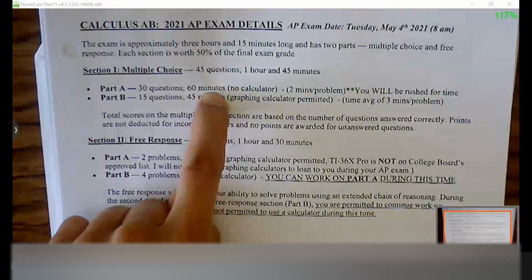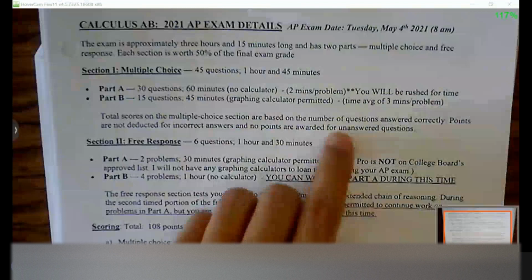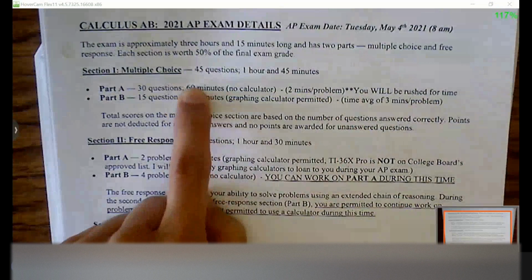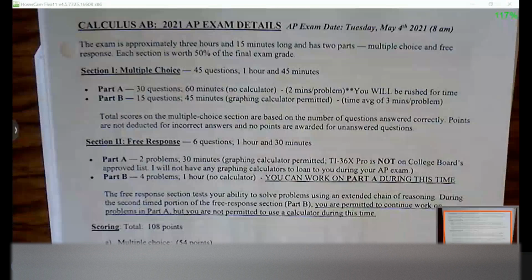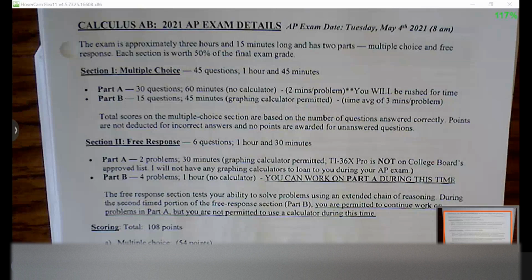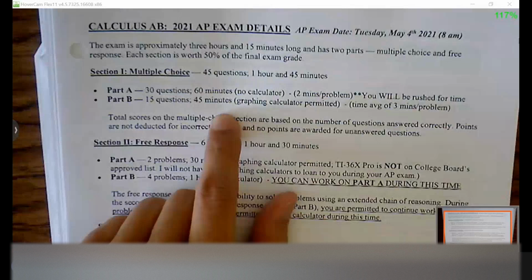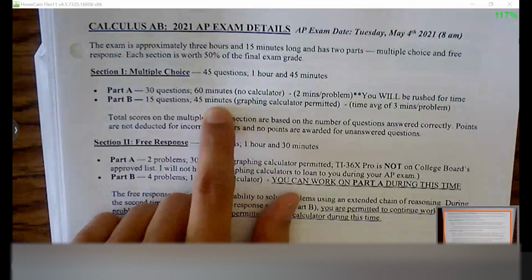Before, you had even less time for part A. At least they've gotten it up to 2 minutes per problem. But it's strange that in part A you're rushed for time, and in part B you have too much time and wish you could work on some of the problems that you didn't get to in part A. That's just how they designed the exam.